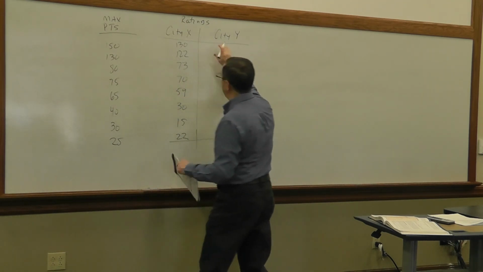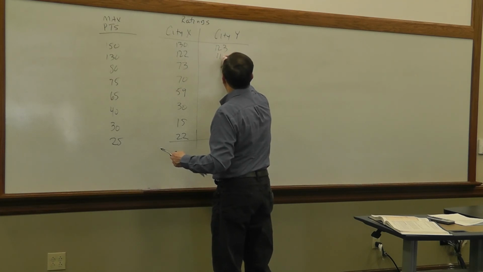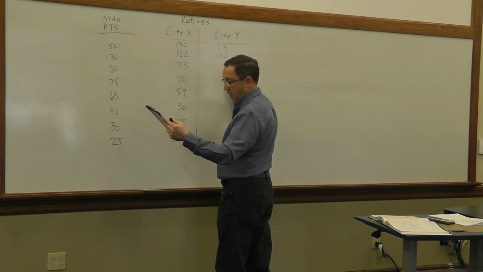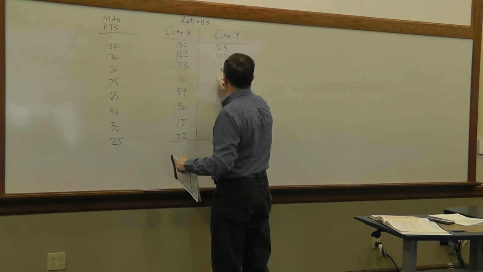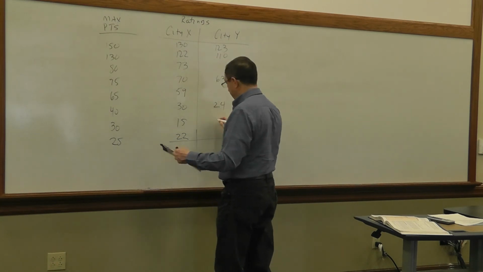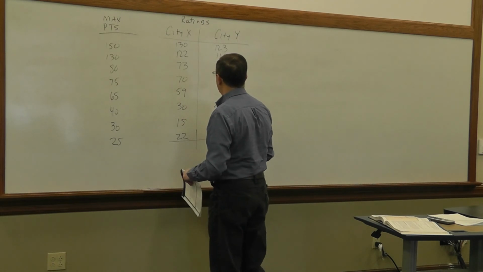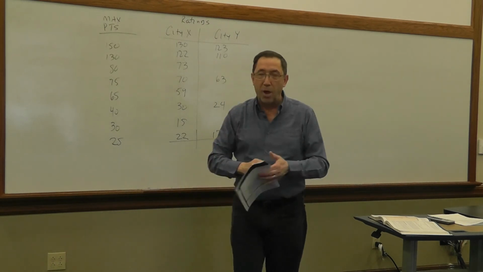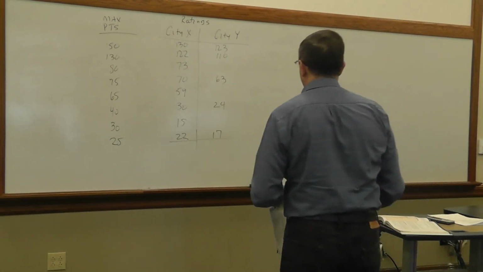We have most of the ratings for City Y, but we lost a few: 123, 110, we missed one, 63, we're missing one, 24, we're missing another one, and then 17 at the bottom. So the question is, is all hope lost? Do we have to redo this process, or can we gain some information from this?